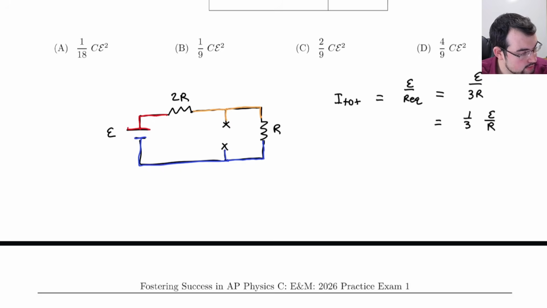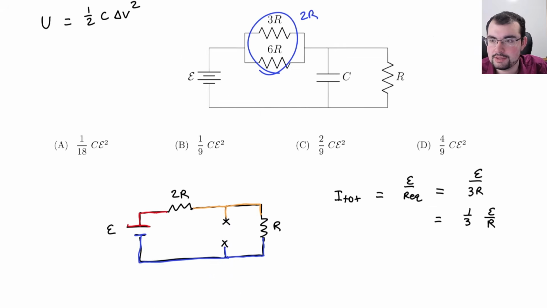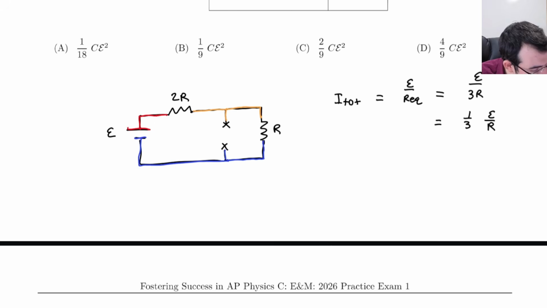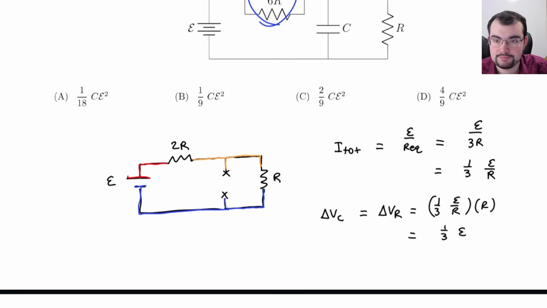Cool. And then we need delta V across the capacitor. So delta V across the capacitor, well, that's in parallel with the R resistance. So that would be I times R, which would be 1/3 of the epsilon.